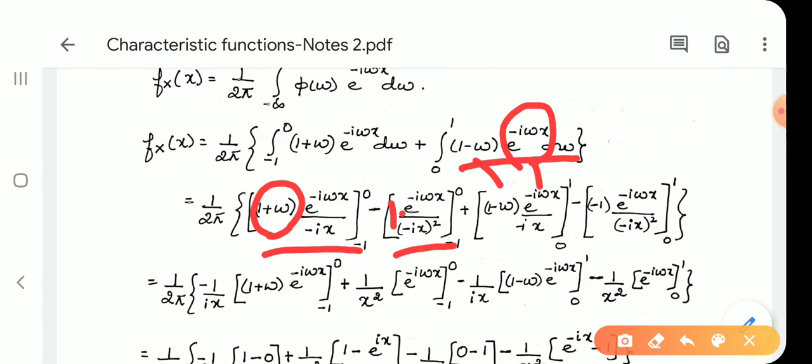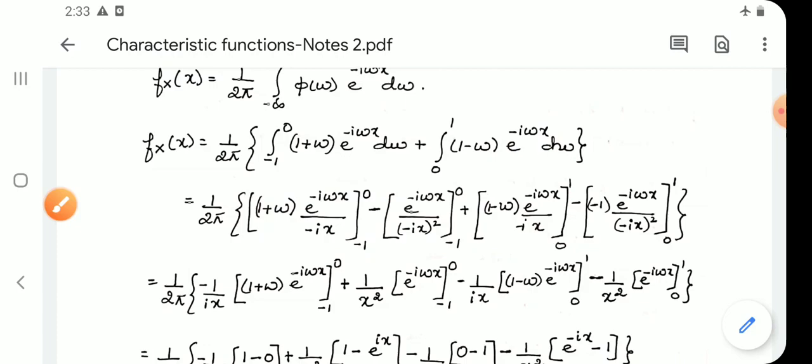Apply the limits 0 to 1. Minus the differential of the first function, which becomes minus 1, and the integral of the second function becomes e power minus i omega x divided by minus ix whole square, and apply the limit 0 to 1.